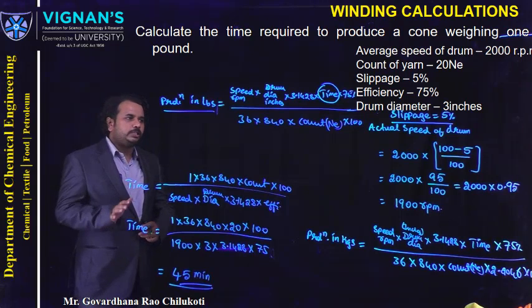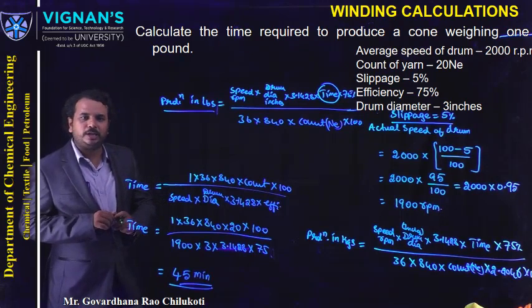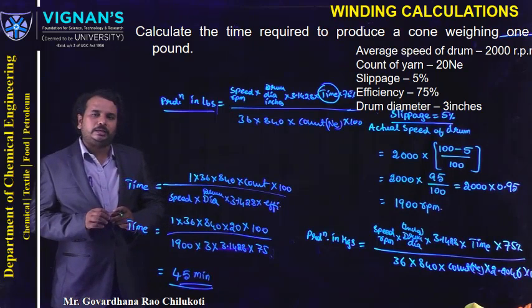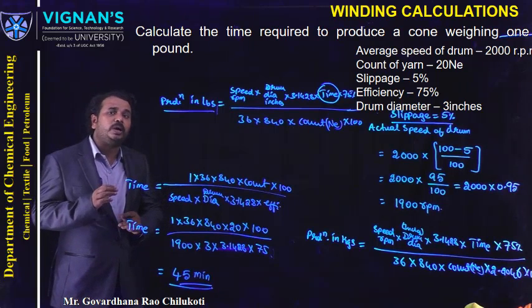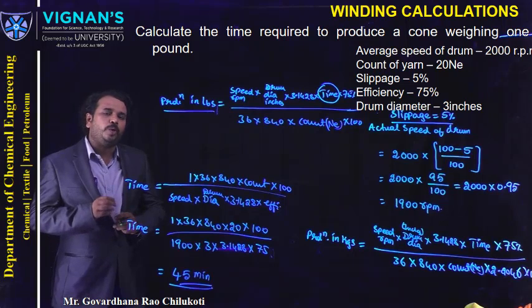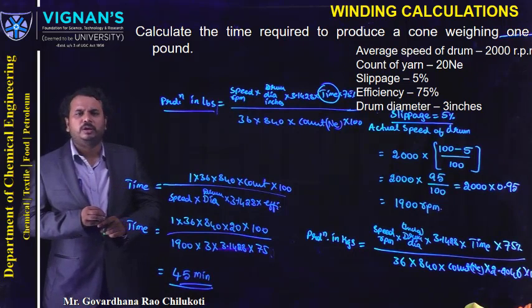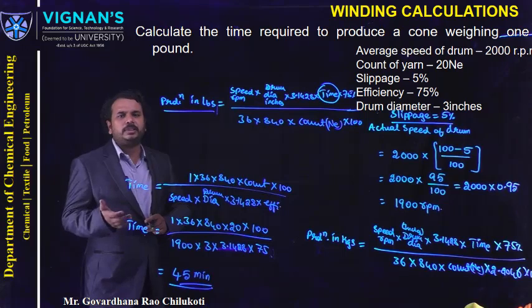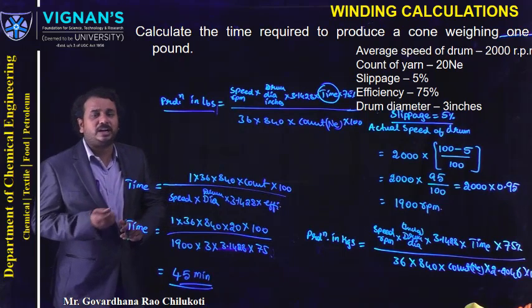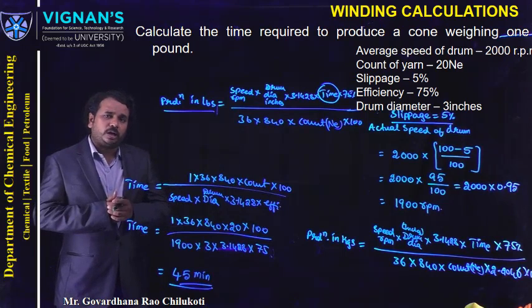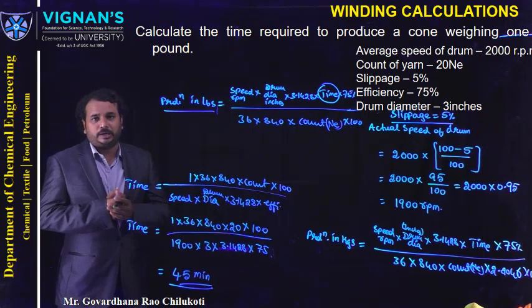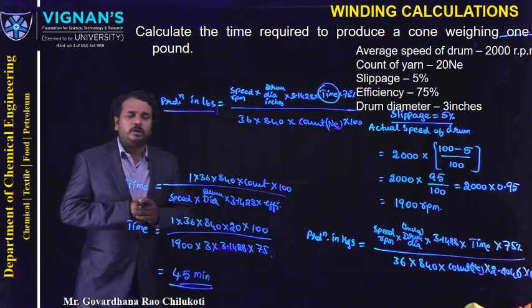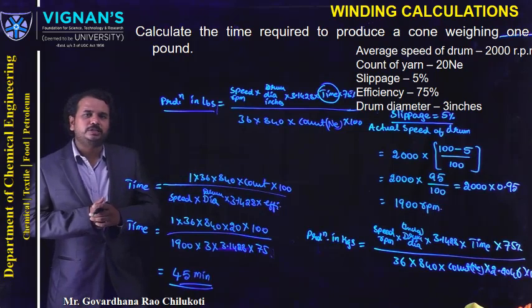Okay, so this is the simple calculation of how we can calculate the time required to produce a cone weighing 1 pound. For example, I have given 1 pound, but you can calculate it for 1 kg also. So these are the simple calculations in winding.